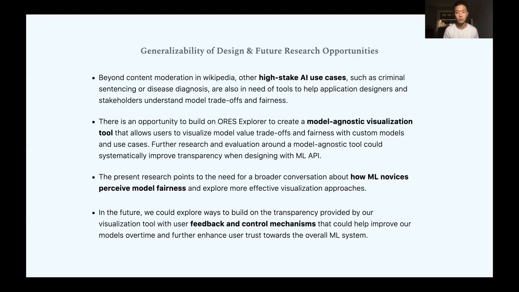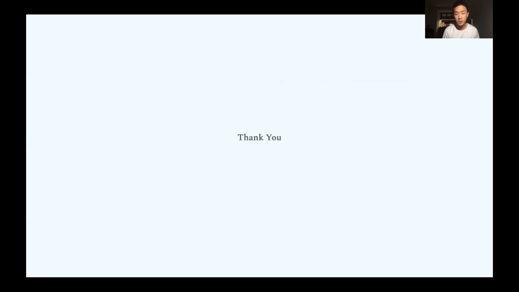The present research also points to the need for a broader conversation about how ML novices perceive model fairness and explore more effective visualization approaches. In the future, we could explore ways to build on the transparency provided by our visualization tool with user feedback and control mechanisms that could help improve our models over time and further enhance user trust towards the overall ML system. That's all for our presentation today.